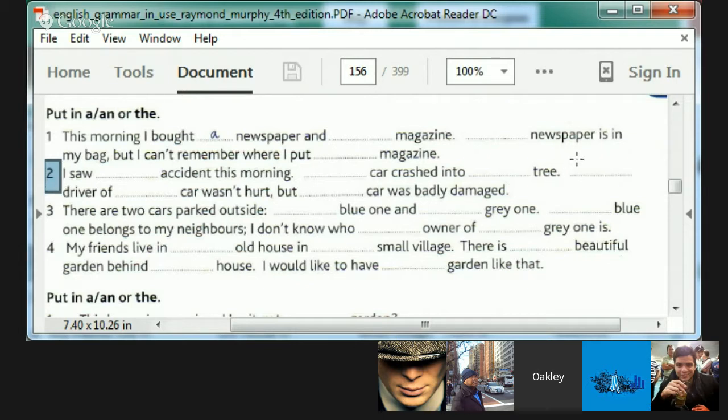Now, even though I haven't introduced this before, I would say the driver of the car, because there's only one. We can't have two drivers in a car. So it's only possible that it can be one. So the driver of the car wasn't hurt, but the car was badly damaged because we've already introduced a car that crashed into a tree. Now we know which one it is.